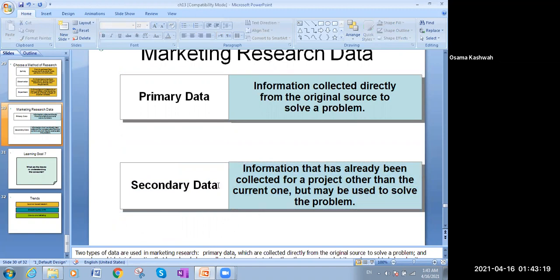So what is the relationship between them? Once I don't find secondary data, then I will go for primary data. This is how it works.